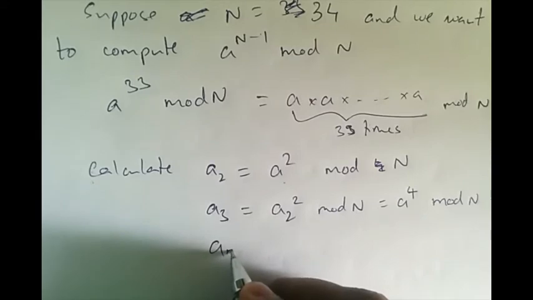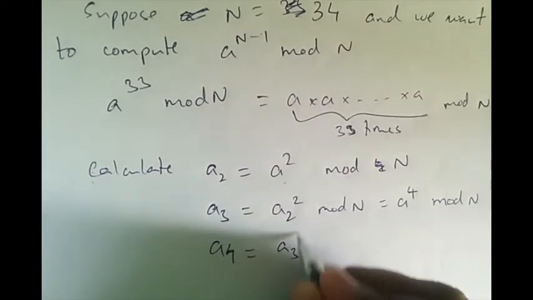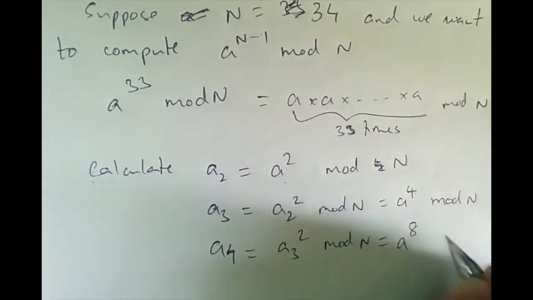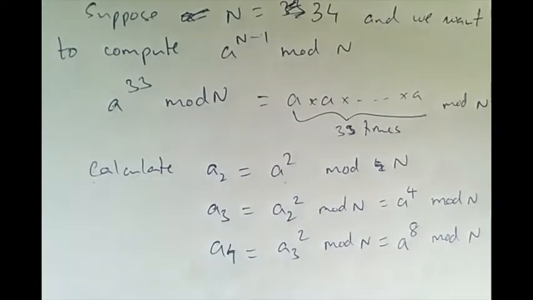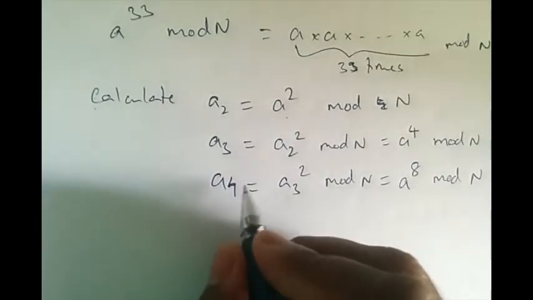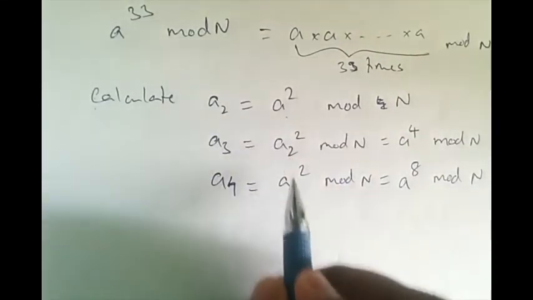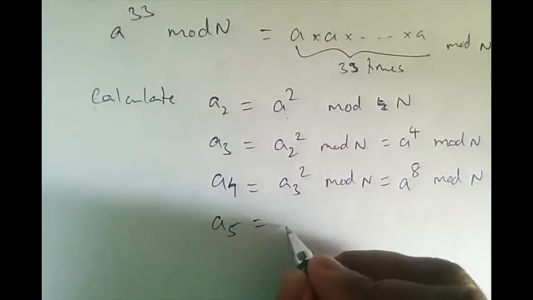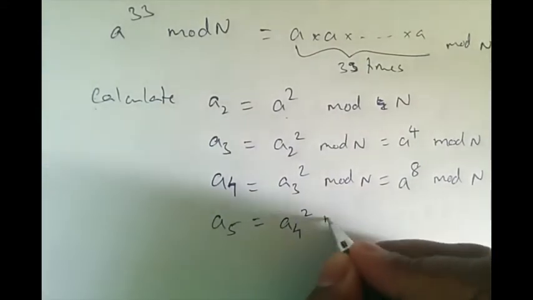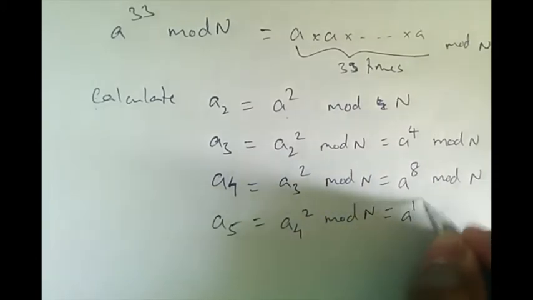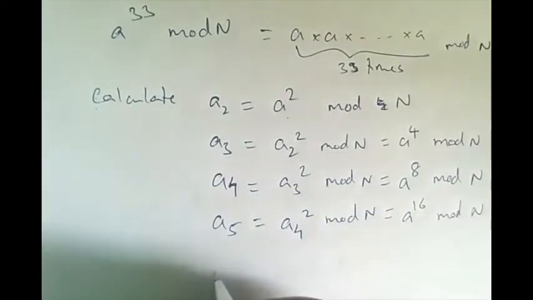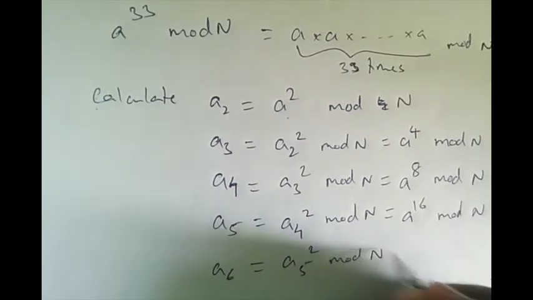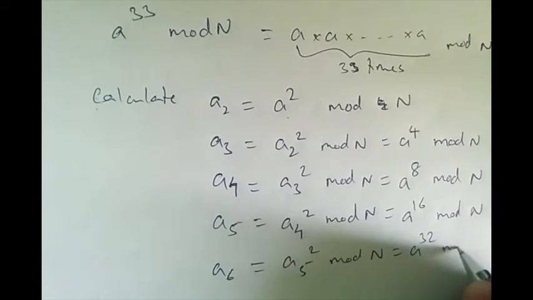Then a4 is a3 squared mod n, which is a raised to 8 mod n. So far we have done three multiplications. Then a5 is a4 squared mod n, a to the 16. a6 is a5 squared mod n, a raised to 32.